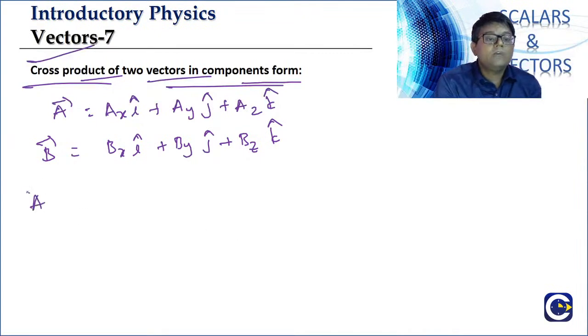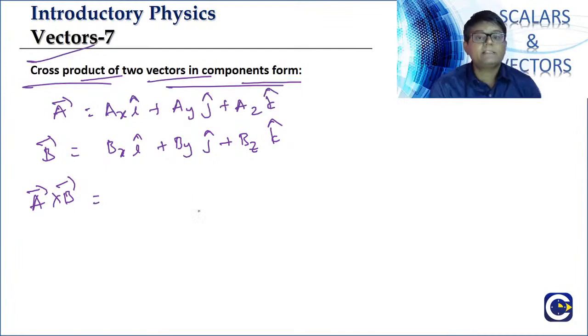Then we are now going to find what is a cross b. We did the similar derivation for a dot b. And for this derivation, we are going to use the distributive law, associative law and the cross product relations between I cap, j cap and k cap. Three things we are going to use.